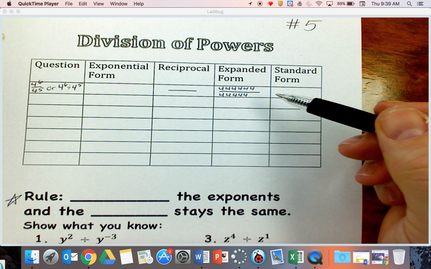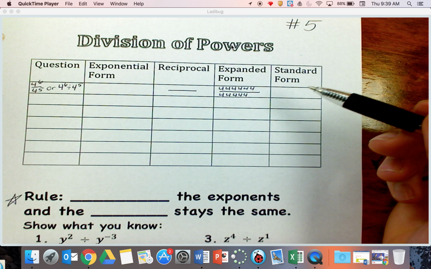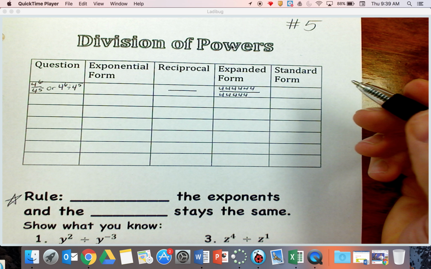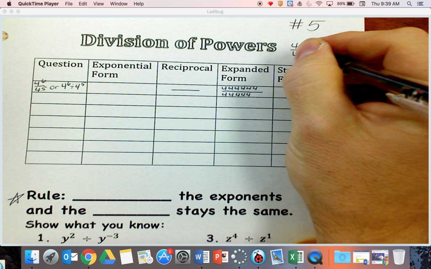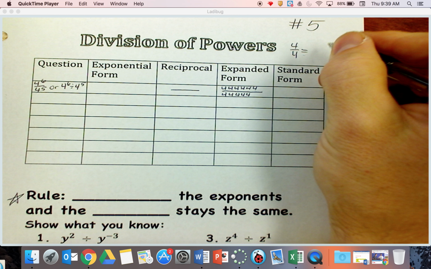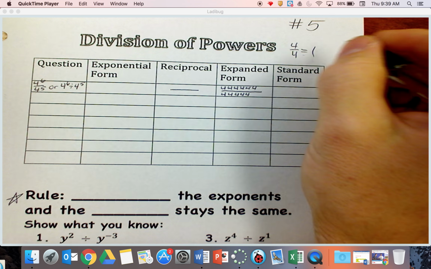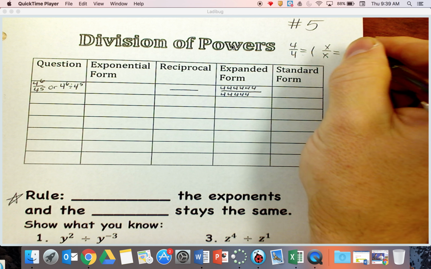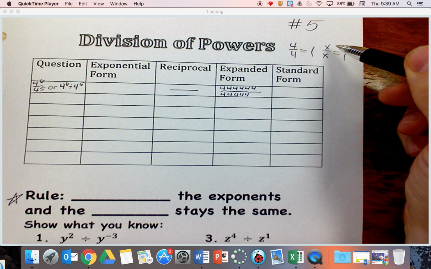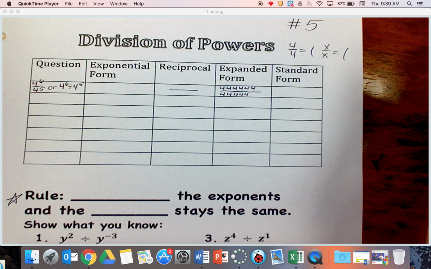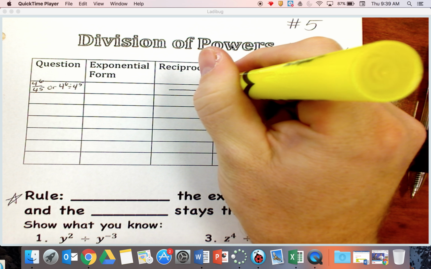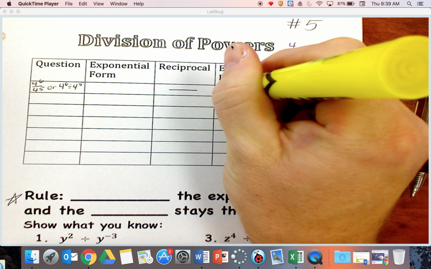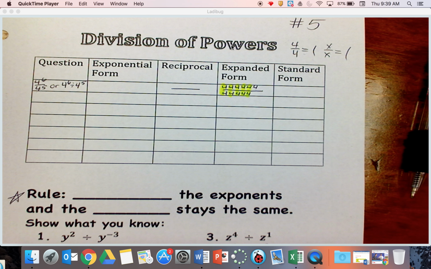So what happens is we think about one whole. In this case, if I have 4 over 4, I know 4 over 4 equals 1. If I have x over x, that equals 1. When you have the same numerator and denominator, it gives you 1. So let's look here for a minute. I have these right here that give me 1.